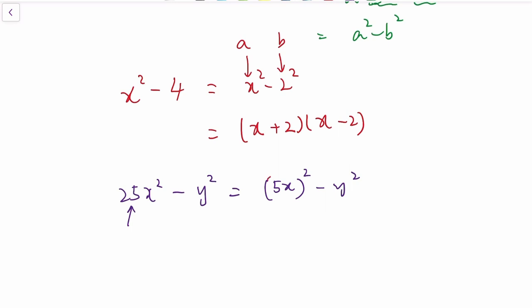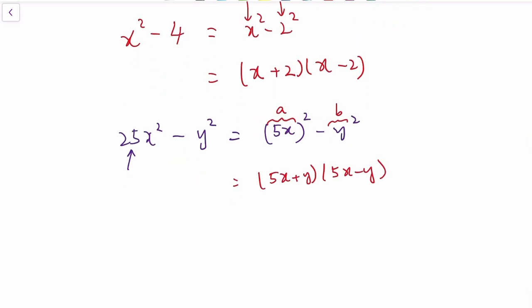So you would think the 5x is your a, and the y is your b. So it is a plus b, oh, b is y, right? a plus b times a minus b. So notice how you need to change 25 into 5 squared first, and then put the 5 and x together in a bracket, and that will be your whole a.